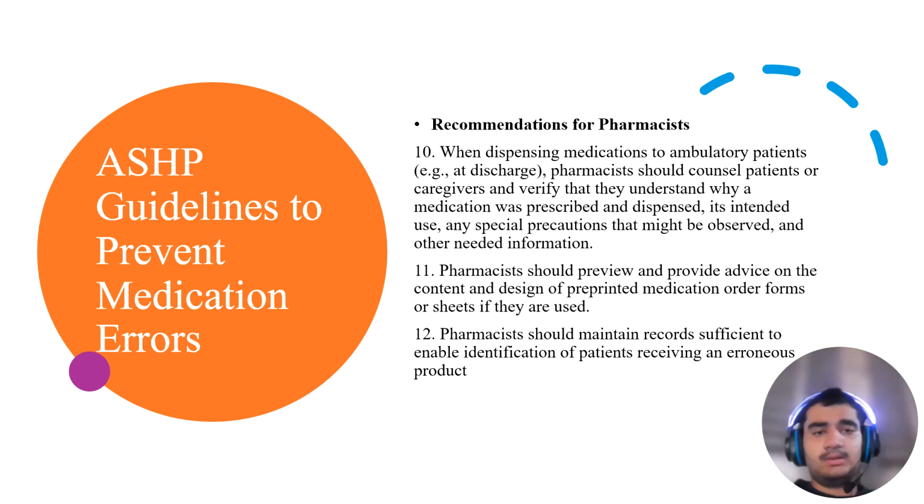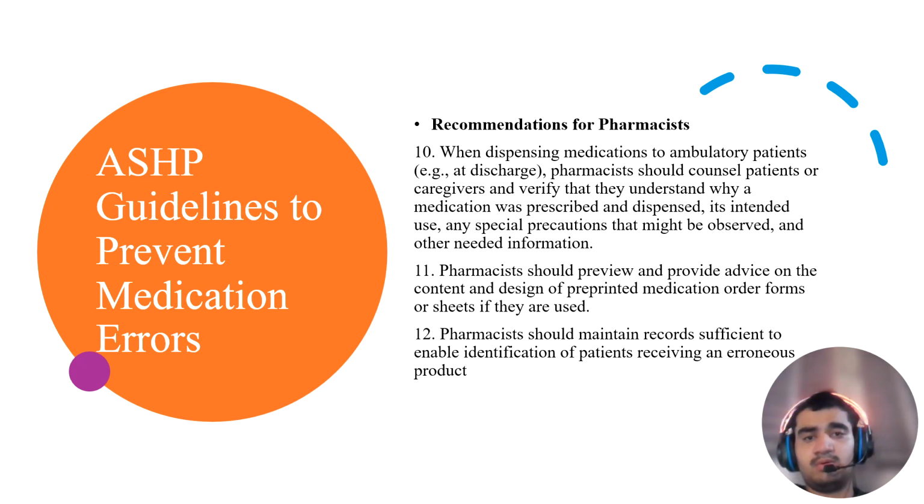Now moving further, when dispensing medication to ambulatory patients, for example at discharge, pharmacists should counsel patients or caregivers and verify that they understand why a medication was prescribed and dispensed, its intended use, any special precautions that might be observed, and other needed information.